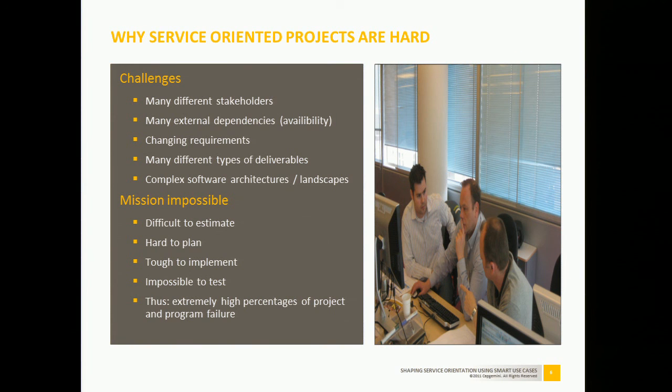And then there's many types of deliverables that you might have. There's deliverables that you do for your design, like use cases, or maybe you're trying to use user stories, or you have domain models, or whatever you're writing down. And there's a lot of different types of software that you're developing in these projects. It's not just a bunch of .NET developers writing some code.